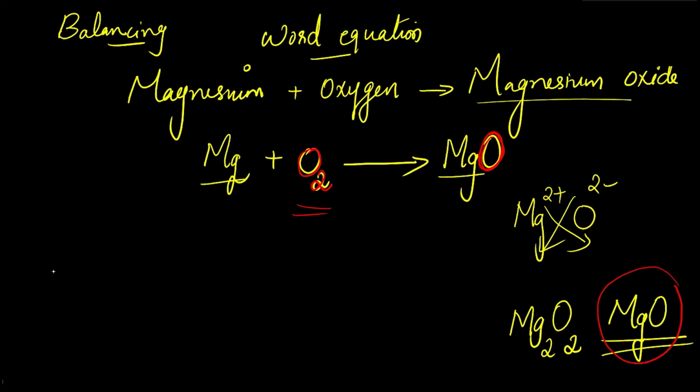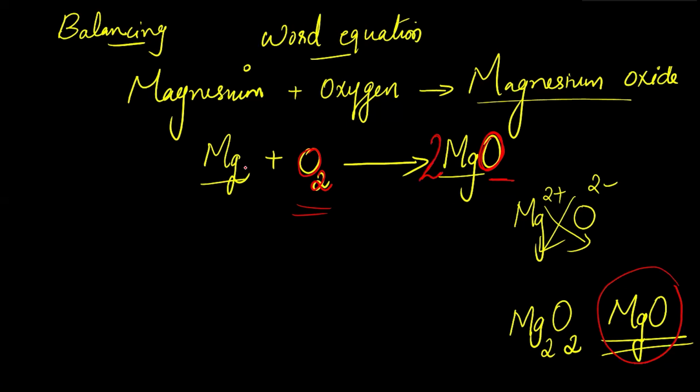Instead you have to put a 2 in front, on this side only. Here you have to write a number, 2. So automatically now oxygen is 2 here, 2 here. But this 2 is for magnesium also, right? It is common for both magnesium and oxygen. So magnesium here becomes 2. So on this side only 1.